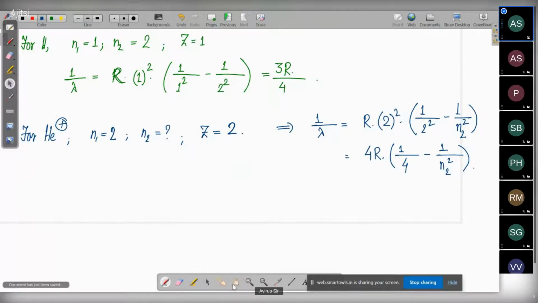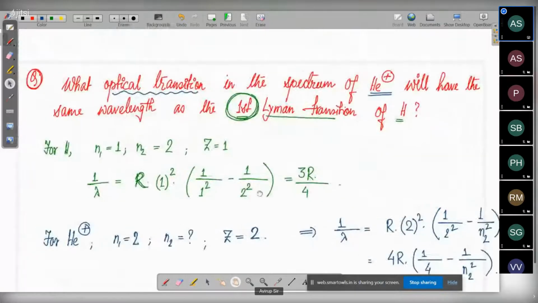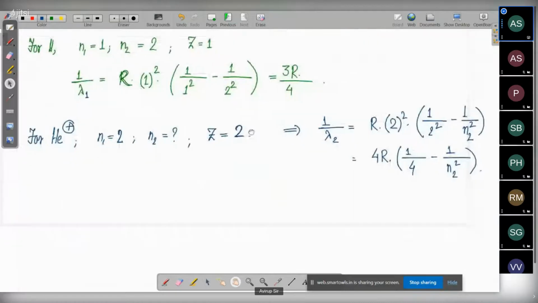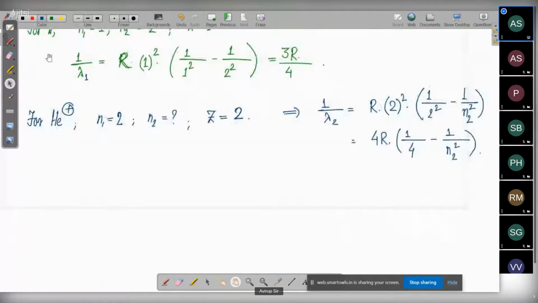Now it is told that they have the same wavelength. Both the lambdas are the same, so let us put them as lambda 1 and lambda 2. If lambda 1 is equal to lambda 2, then obviously 1 by lambda 1 is equal to 1 by lambda 2. So we simply equate these two equations and find out the value of n2 from there.